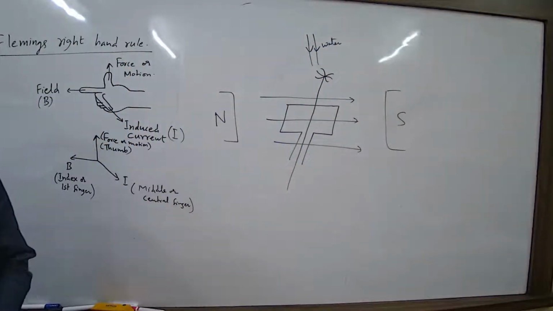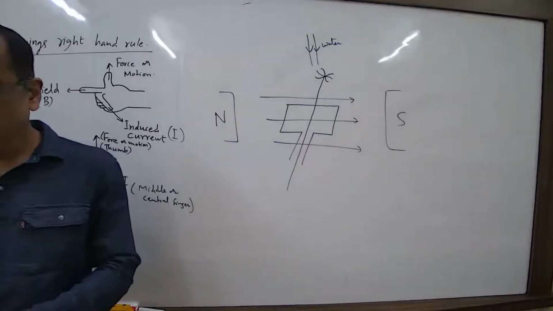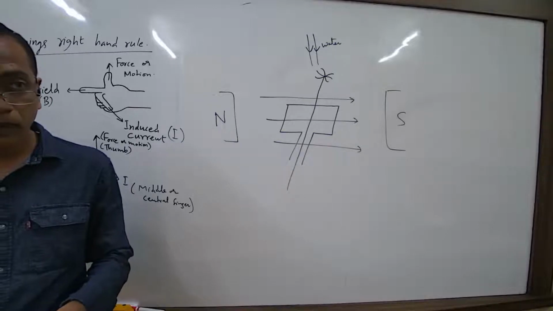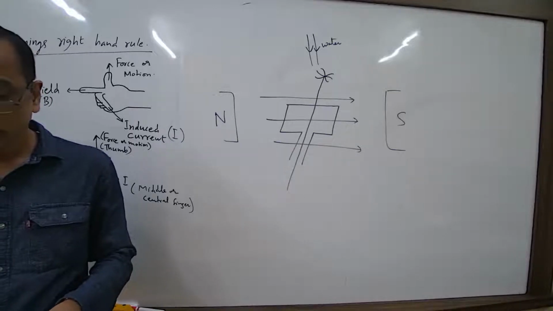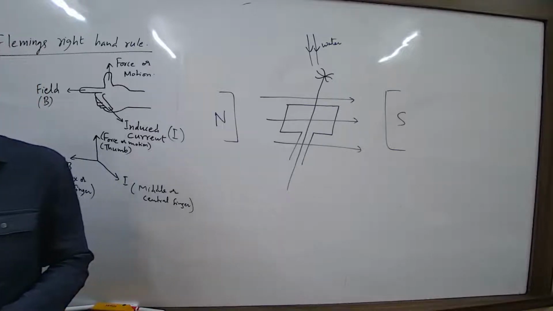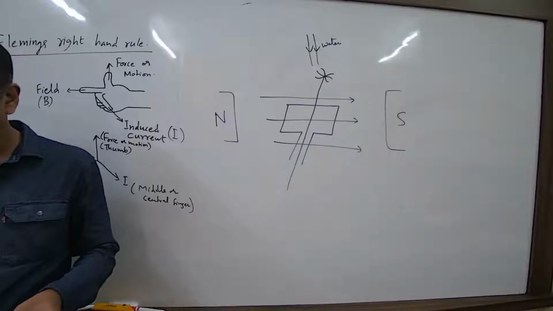Correct? Now see, when the plane of the coil is like this, is any field line cutting it? Field line is going above and below. So, is there any flux linked with the coil? No. Right? What is flux? I told you, right? So now if the coil is rotated like this, will some lines pass through the coil?